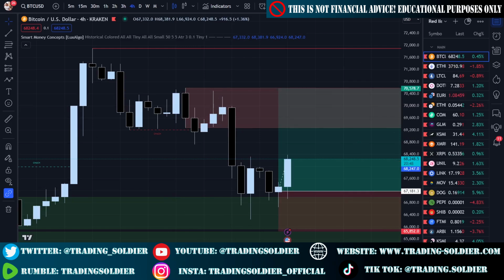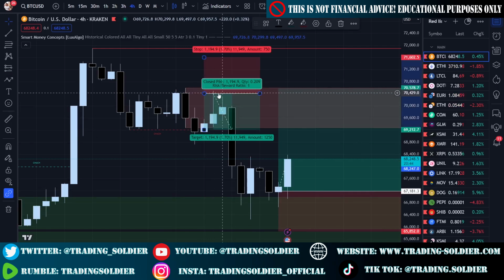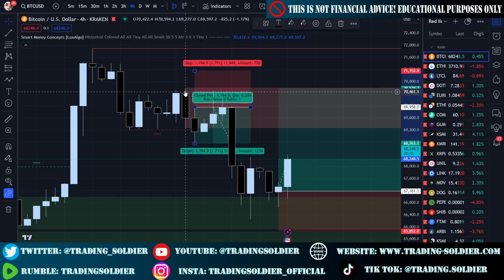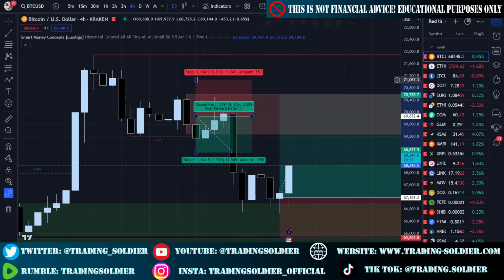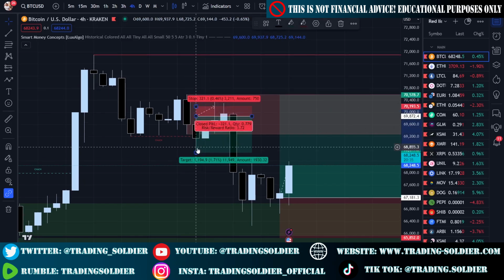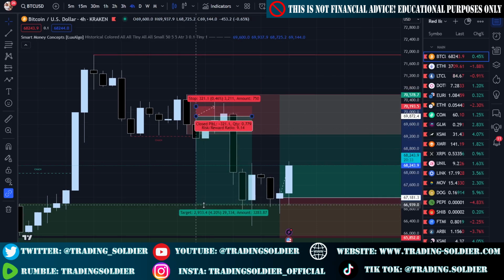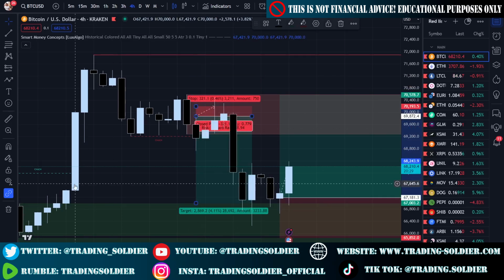Because by the same principle that I explained to you right before, a lot of people, when they see that it's forming a bearish order block, will put the short entry point here, for example, and they will put their take profit at the next bullish order block.